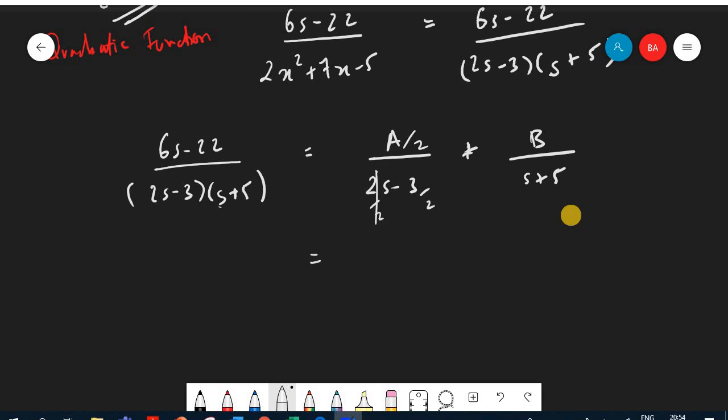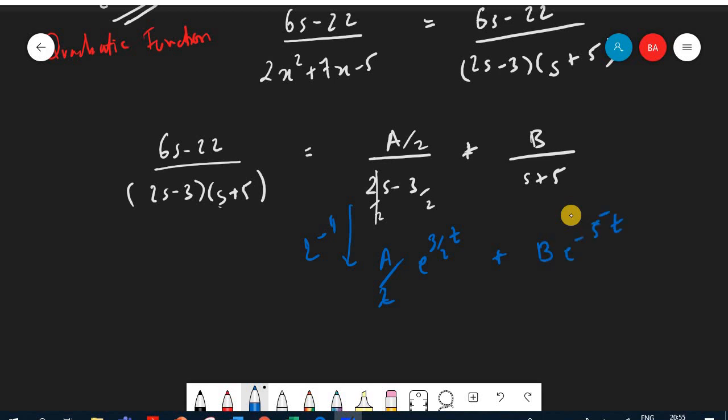So if I convert this, doing the Laplace inverse, my answer will be something like A over 2 into e to the power 3 over 2 t plus B e to the power minus 5t.